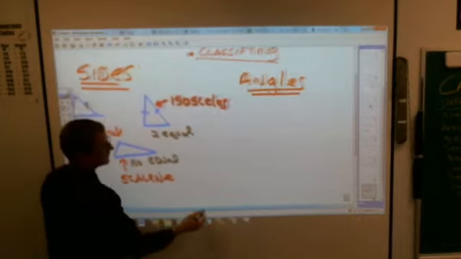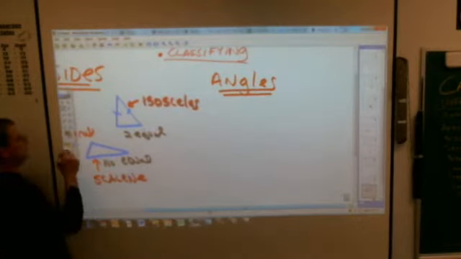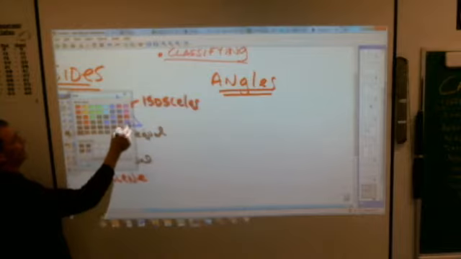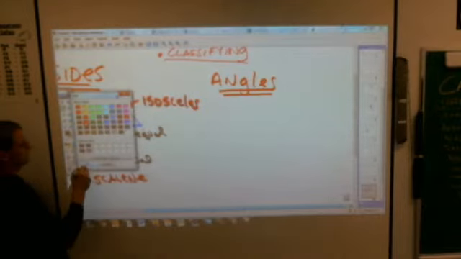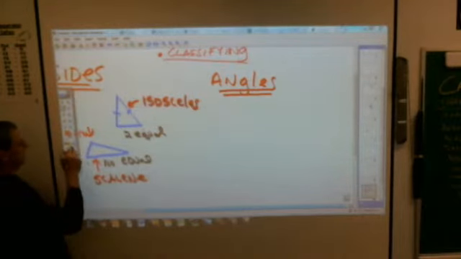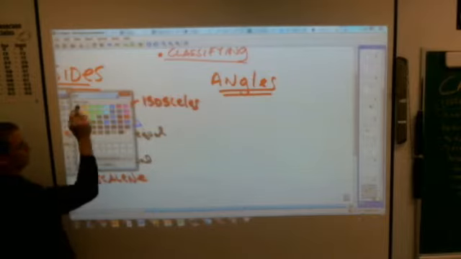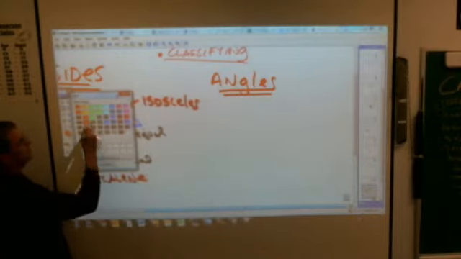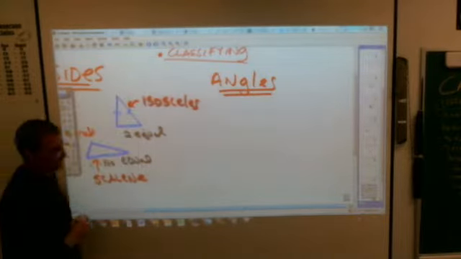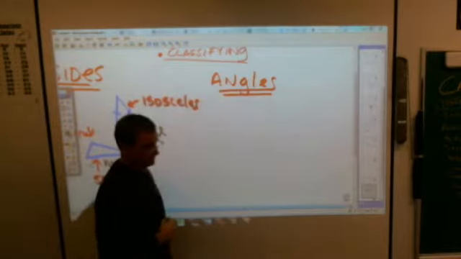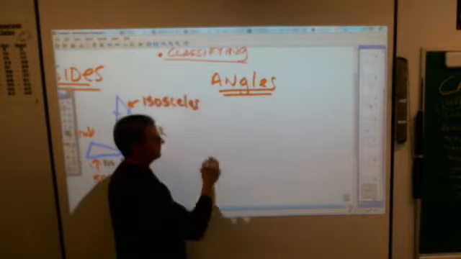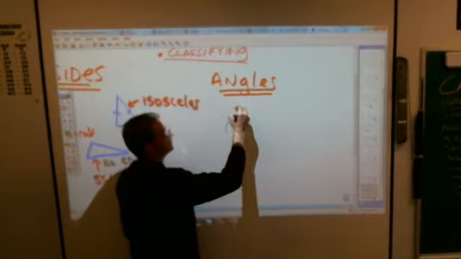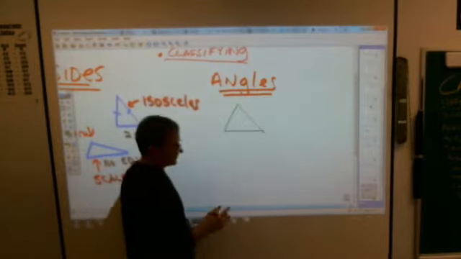The other way we can classify triangles is by their angles. And there are only 3 different choices you can have with their angles. Okay? The 3 choices are, when we talk about angles, what types of angles do we have?